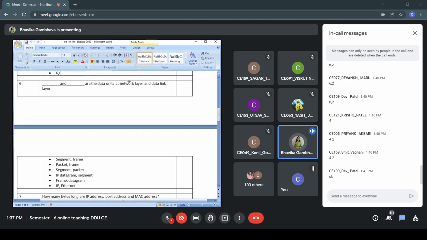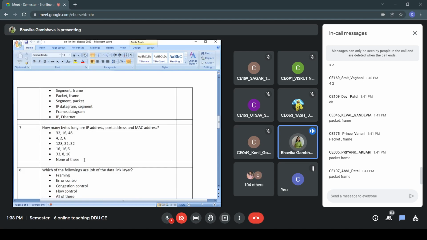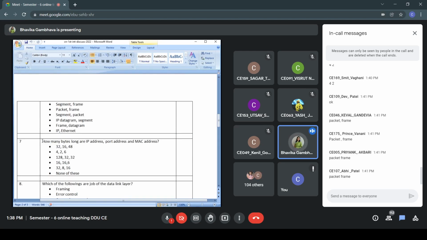This and this are the data units at the network layer and data link layer. Packet and frame. Yes. The next one, even though I thought that most of you would be writing this correctly, many of you have missed it due to the unit which is mentioned here.